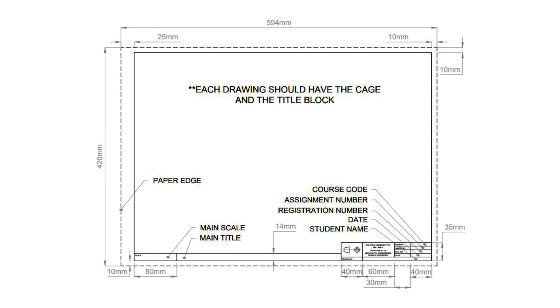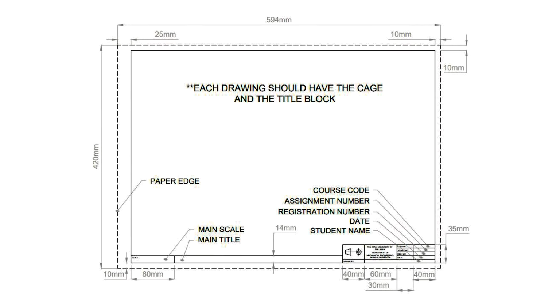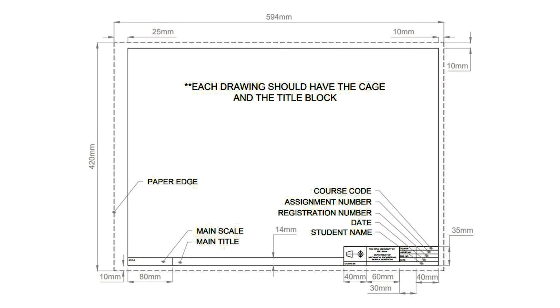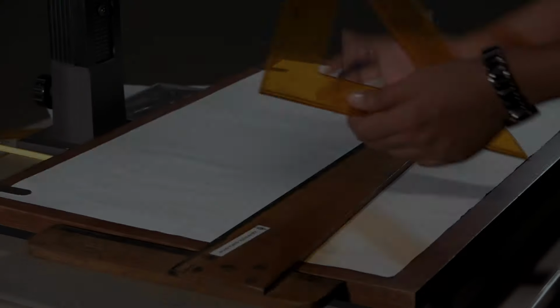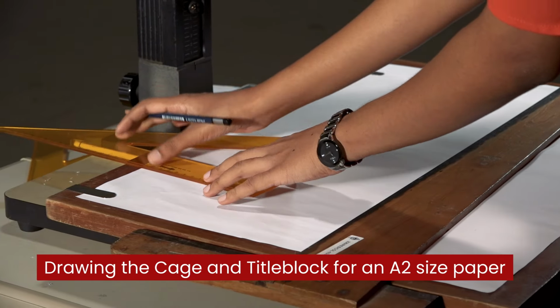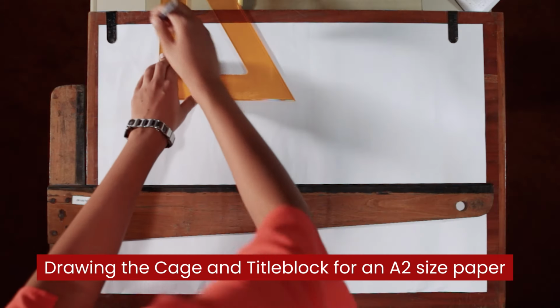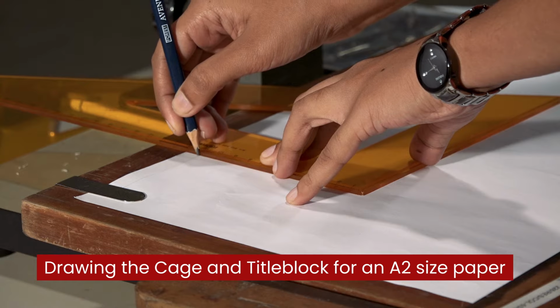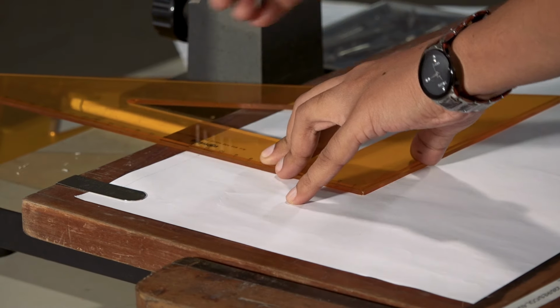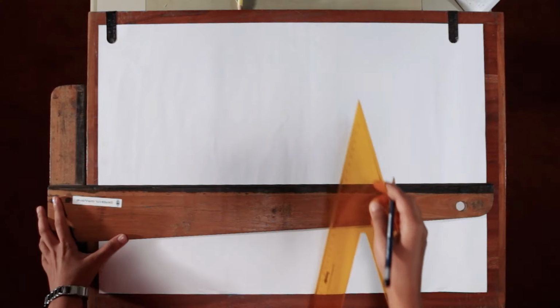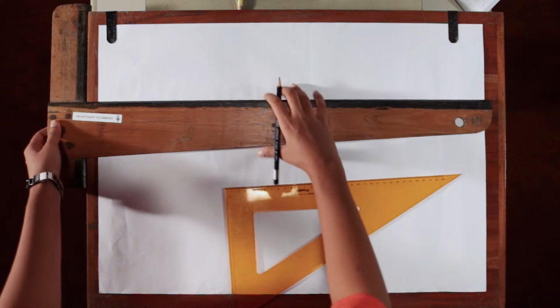Let's move on to drawing the cage and the title block for an A2 sized paper. Draw the top horizontal border line with an offset of 10 mm as per the standard. We have already described how to draw horizontal lines in the previous session.